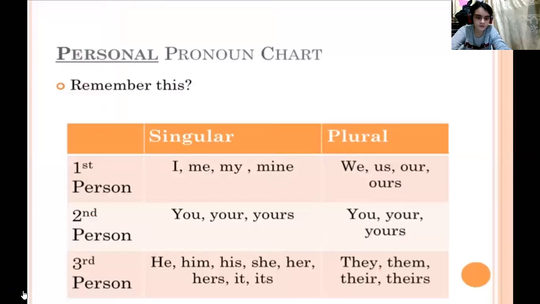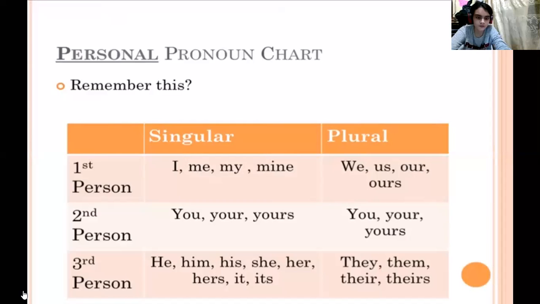So let's review for a second. Do we remember this chart? This is our personal pronoun chart. These are the 26 pronouns that are in the subjective case or the objective case or possessive pronouns that are used to replace specific people, nouns, individuals, objects.